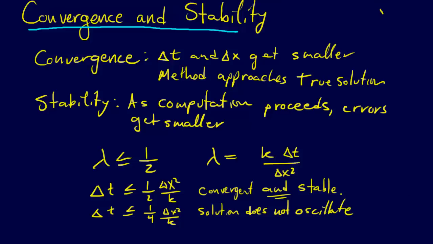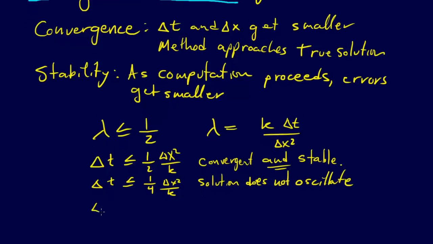So that's even better. And it can be shown that if delta t is less than or equal to 1/8 delta x squared over k, then this minimizes, or it tends to minimize truncation error.